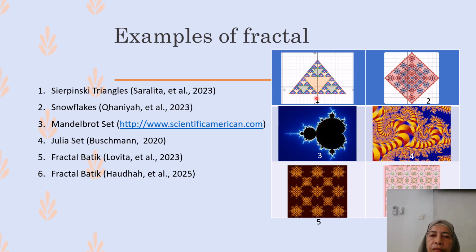The first one is Sierpinski triangles. The second one is snowflakes. The third and the fourth, I found in the literature and on the internet, which are the Mandelbrot set and Julia set.